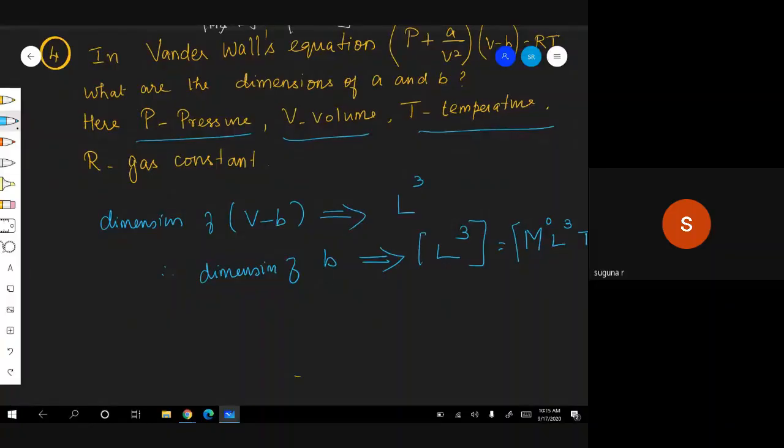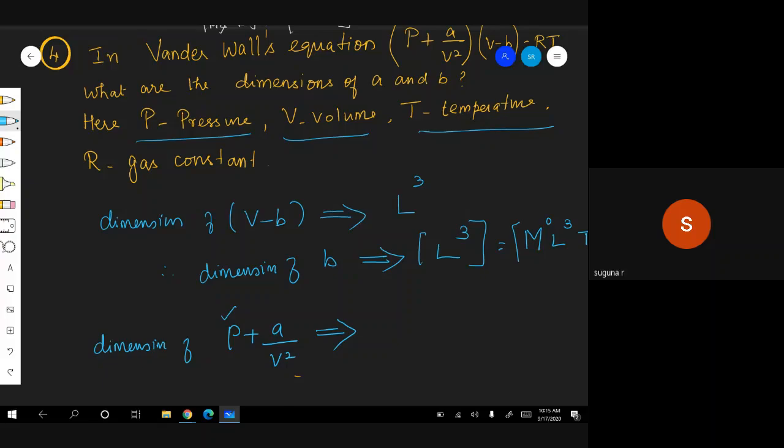Next one, what you have to find out? The dimension of P plus A by V squared. What should it be equal to? P is pressure.